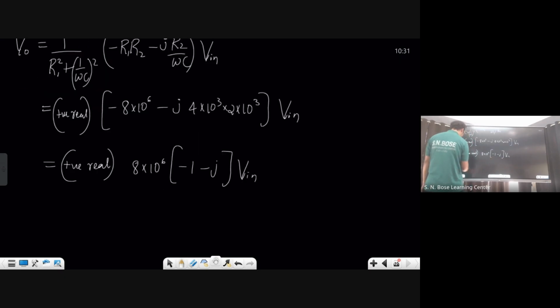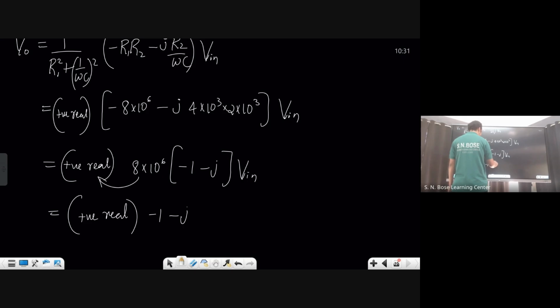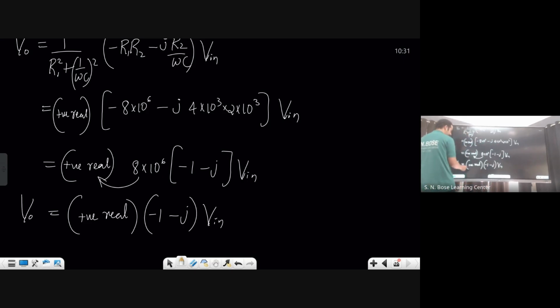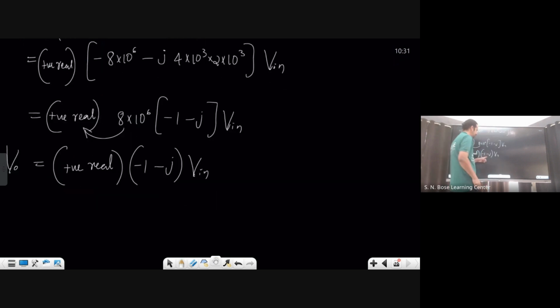That positive real part doesn't matter. Can I say like this? This 8 also I will absorb here. These are positive real parts. Minus 1 minus j, isn't it, into V in, gives V naught. Where is this one? This is in the third quadrant. First, second, third quadrant. Okay, fine. How do you write this one?